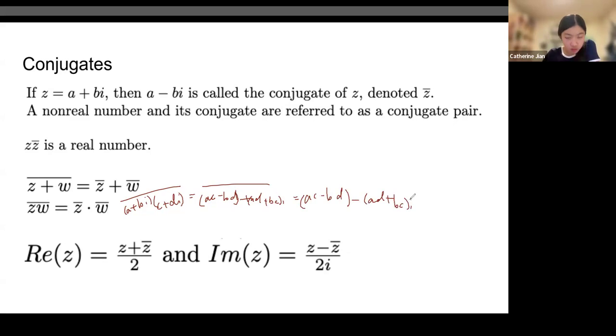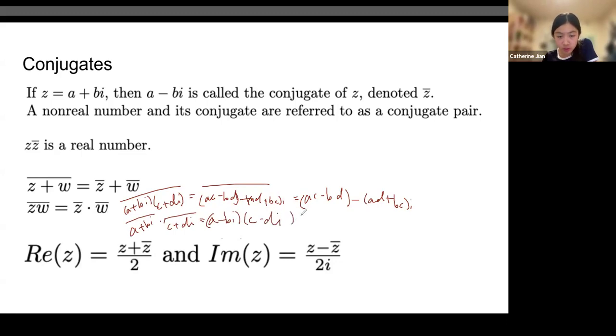So that's if we do it together, and if we do it separately, we have the conjugate of A plus BI times the conjugate of C plus DI, and this is equal to just A minus BI times C minus DI.